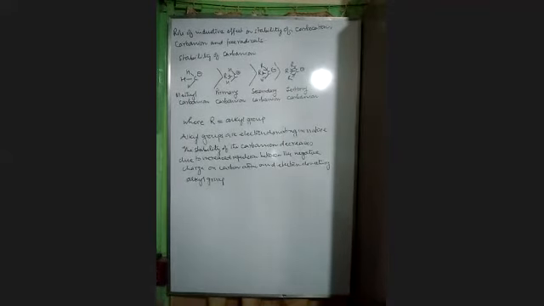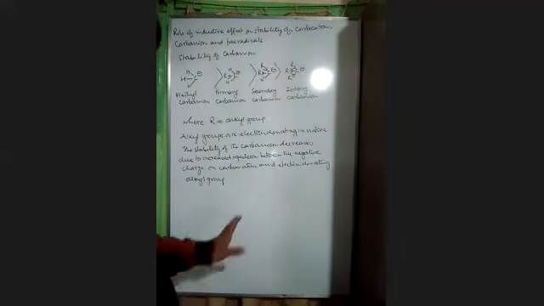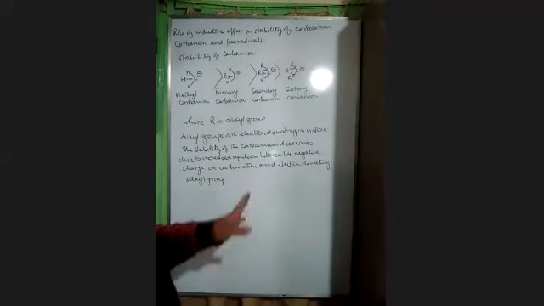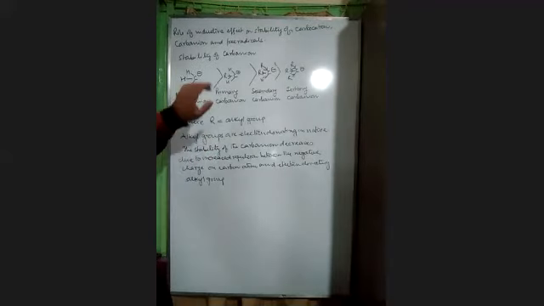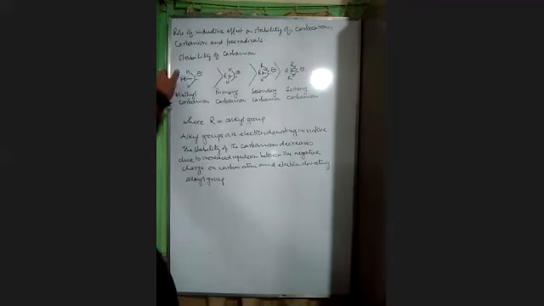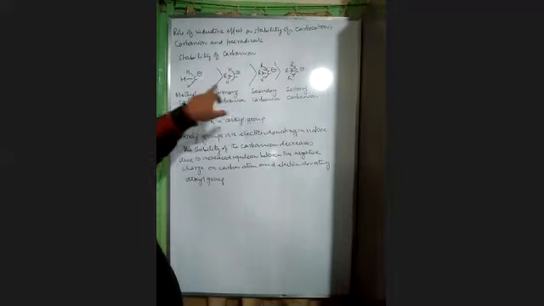But one thing we have found, in all the three series that I have written for you, is that benzyl cation is more stable, or benzyl anion is more stable. In case of carbocation, the series is totally different. In case of carbocation, this is the most stable and this is the least stable.